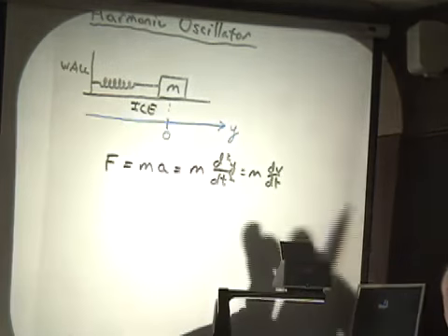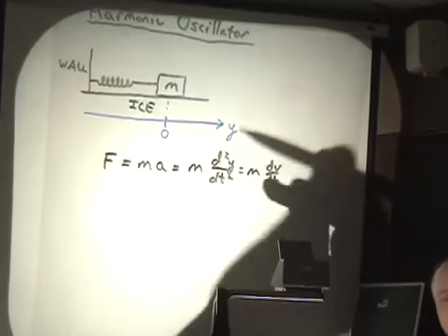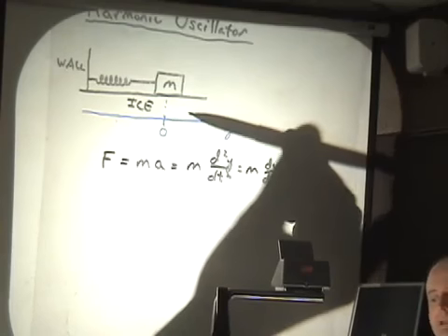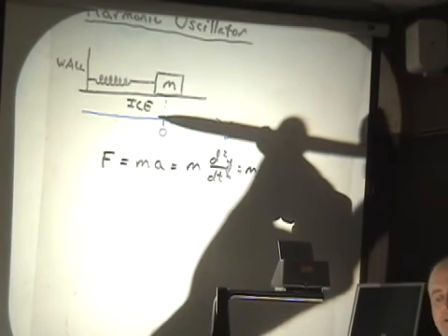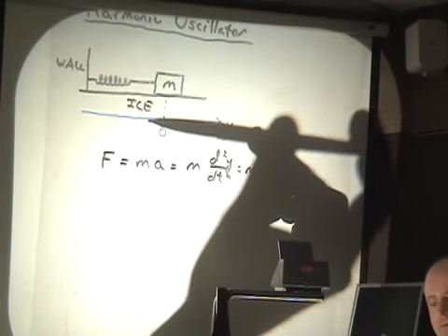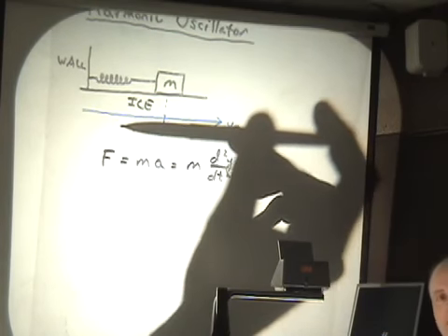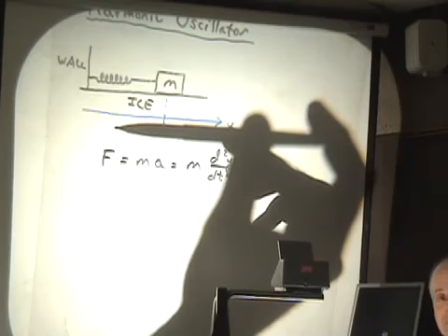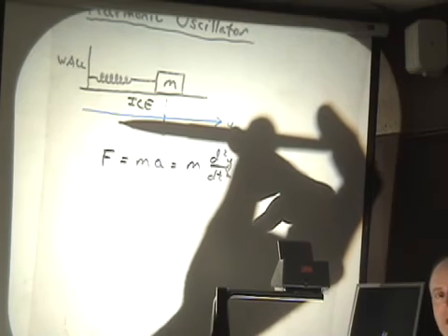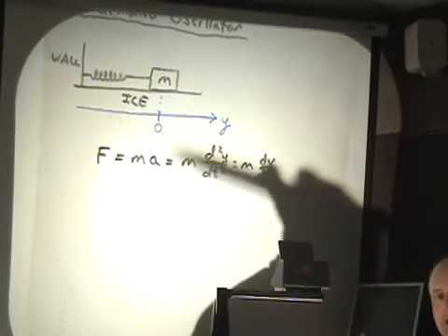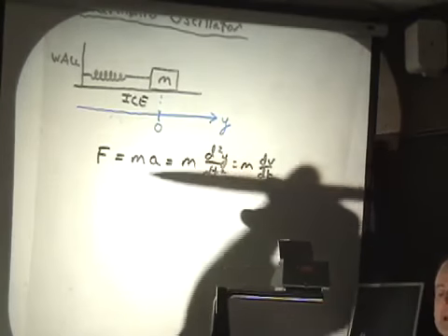There's another way the velocity can be increasing. That's if it's moving to the left and slowing down. If the mass is moving to the left, its velocity is negative because it's moving to the left. But because it's slowing down, that velocity is actually increasing towards zero, because velocity is signed, S-I-G-N-E-D.